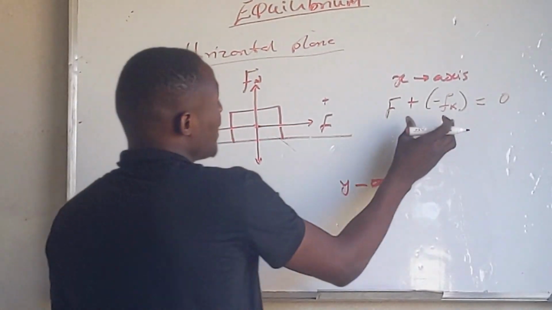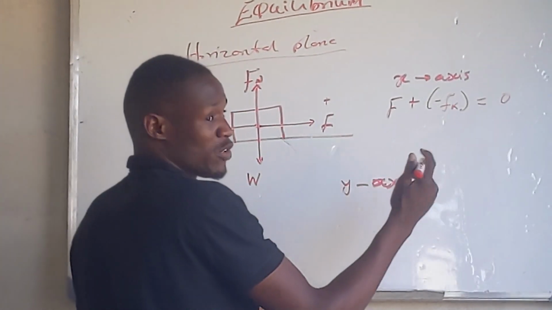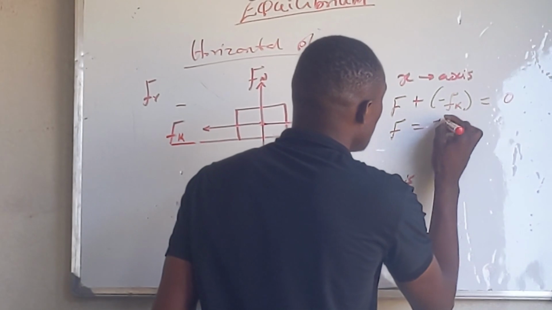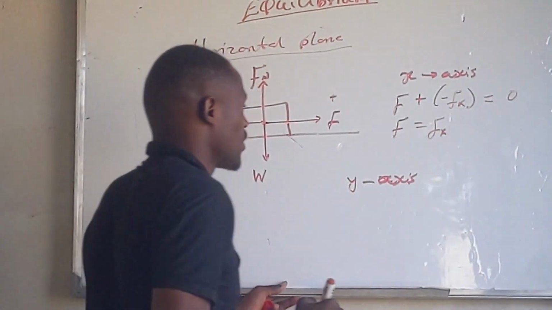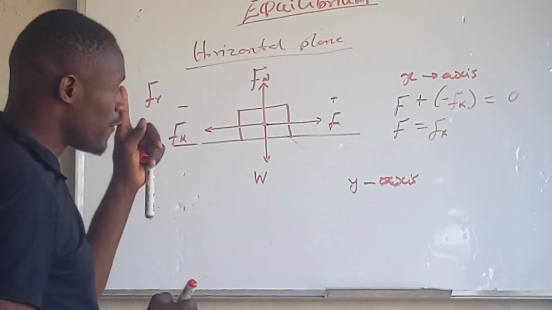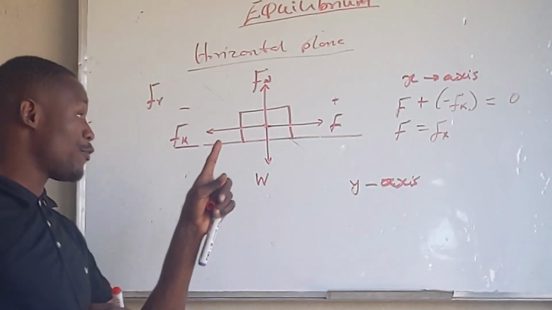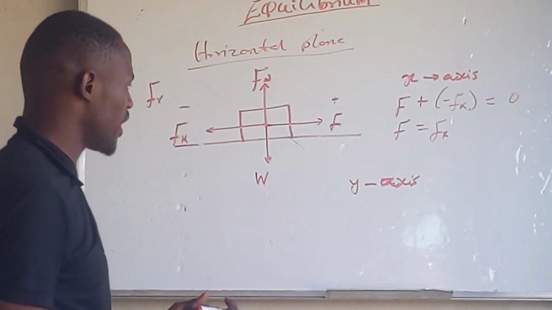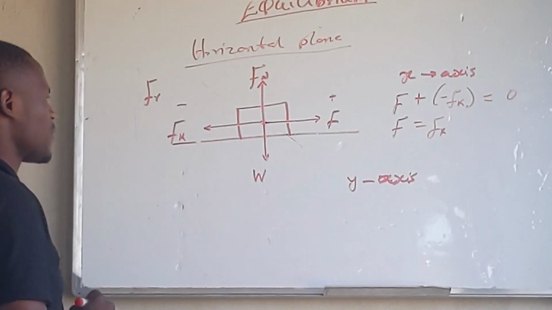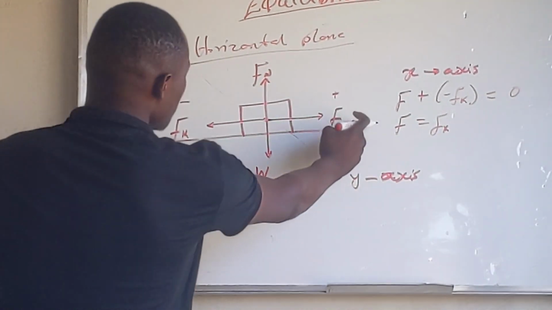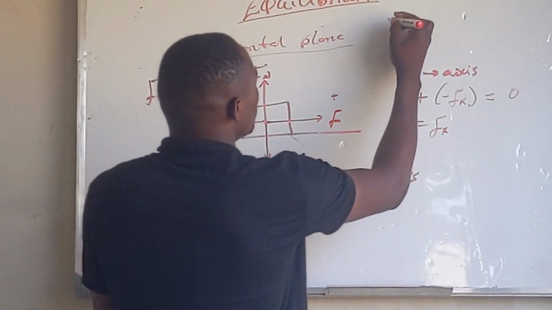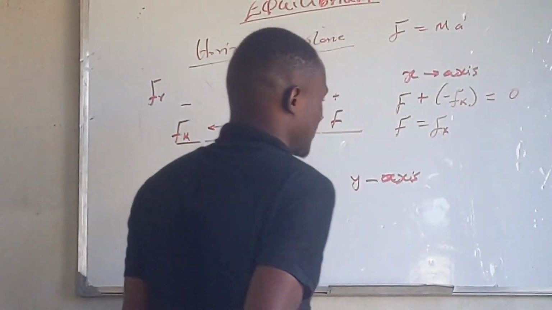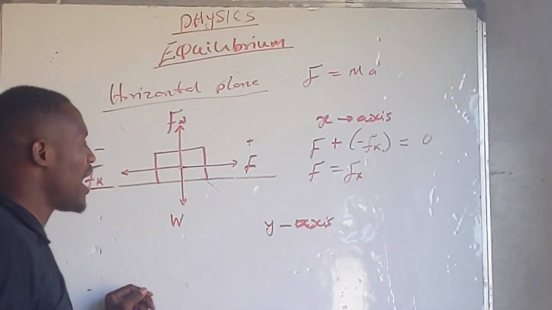Therefore, we'll go ahead and make this force the subject of the formula, where we're going to have F is equal to Fk. So the forward force is equal to the force of friction. That is what we have. Now, in this case, we know that this forward force can be found by force is equal to mass times acceleration.